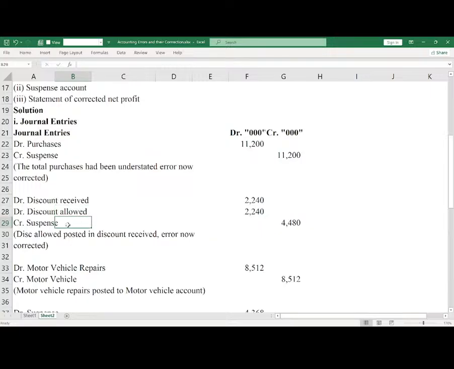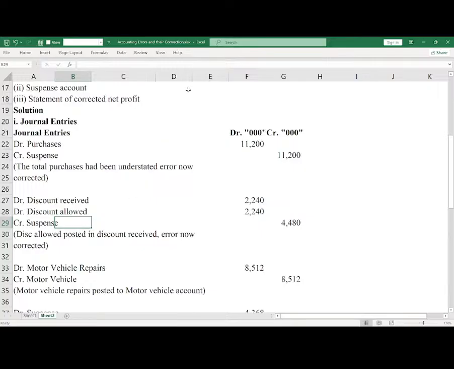Then we credit the suspense account. When we add both of these, we get 4,480,000. So here the narration is: discount allowed posted in discount received. Error now corrected.